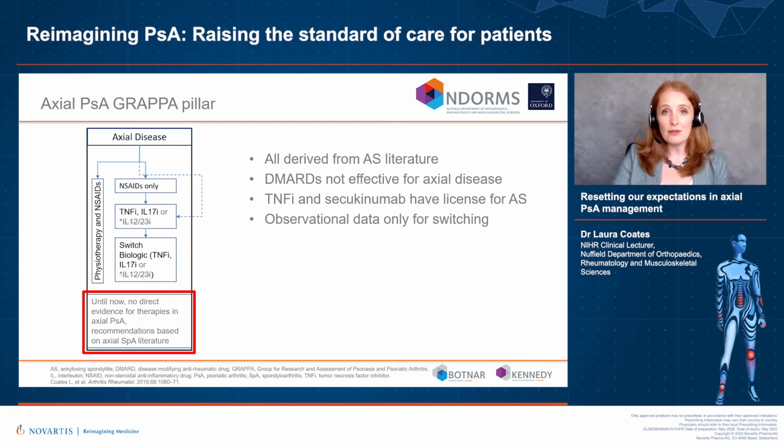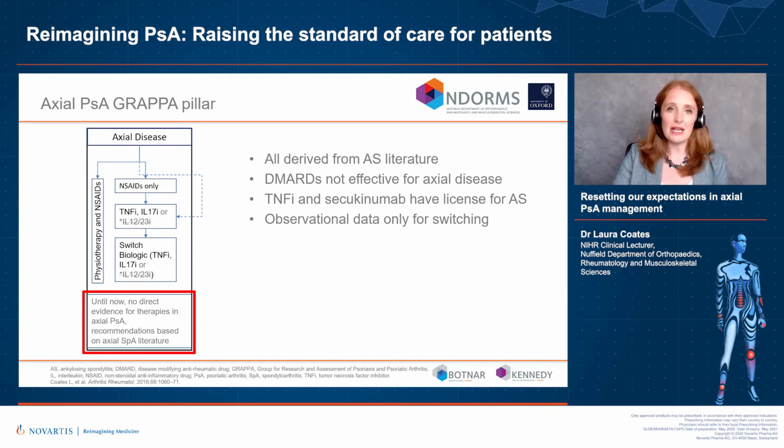At the time that we wrote these recommendations, there was a suggestion that ustekinumab may be helpful in a small open label study, but a subsequent RCT has been negative, and we've also seen negative RCTs with apremilast and with IL-23 inhibition. So it's important that we consider the different domains of disease, and if patients do have axial disease, that we pick a drug that's appropriate for that patient and will help to control the axial involvement.